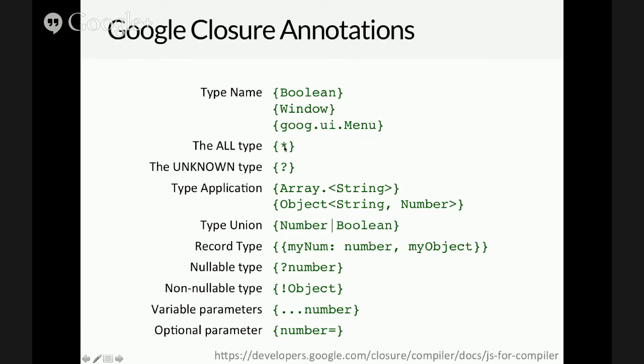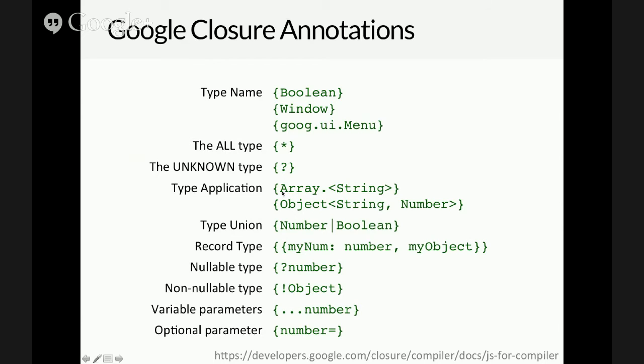There's the all type, that means it takes anything. There's the unknown type, which is kind of like the all type, but it means I don't know what this actually can take or what it can give. It's probably determined by something else that we don't actually have control over. I don't really use the question mark too often.